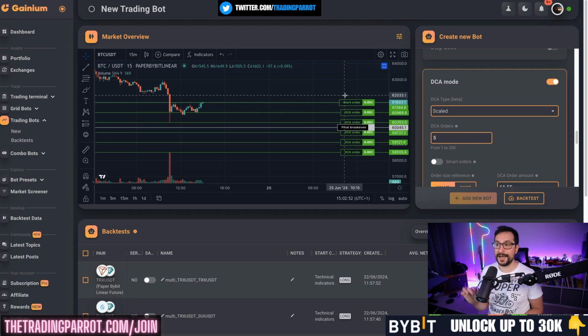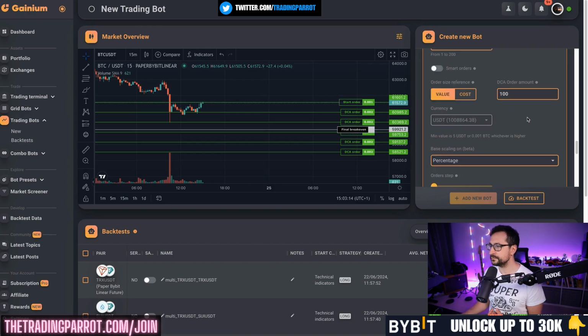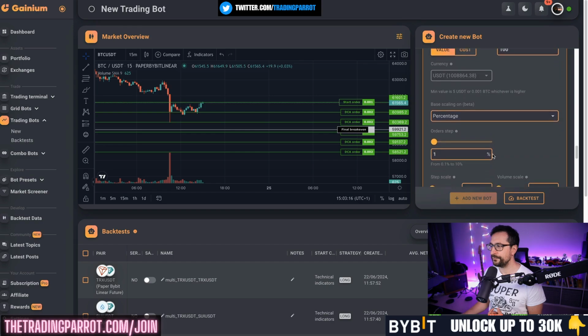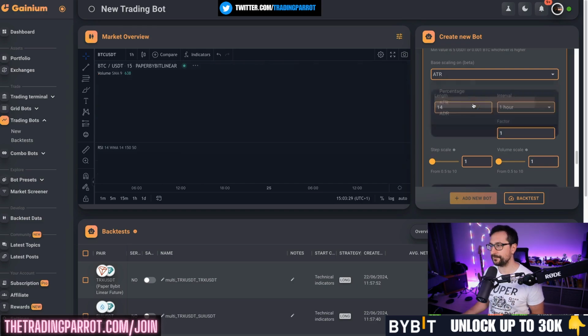But with Gainium, that's different because you have multiple ways to scale in when you're doing DCA with this type of bots. Not just the typical percentage deviation that comes with almost every single bot platform out there, but also you can select, once again, the average true range or the average daily range. I'm going to select the average true range and I'm going to set a factor of 2.